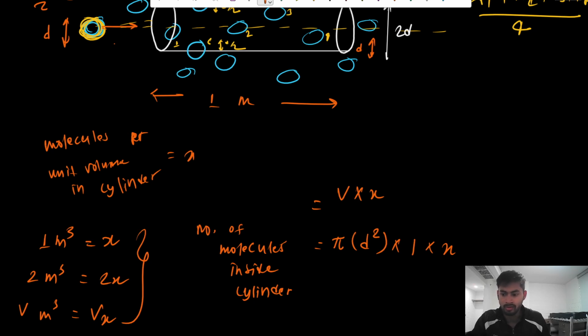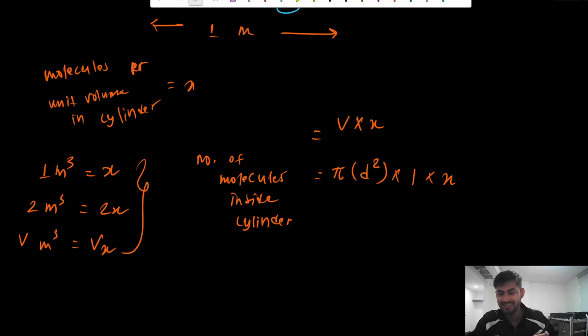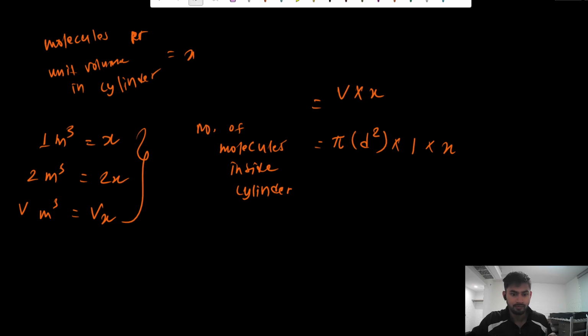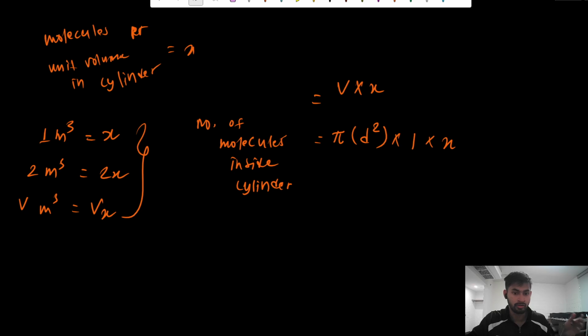And the length of this cylinder is 1 meter, so the number of molecules inside the cylinder is pi r squared h, which is pi d squared times 1 in this problem, and x is the molecules per unit volume in the cylinder, which gives the number of molecules inside the cylinder.